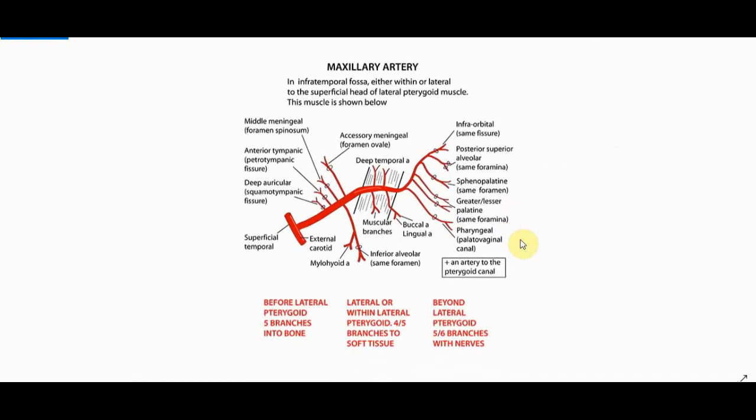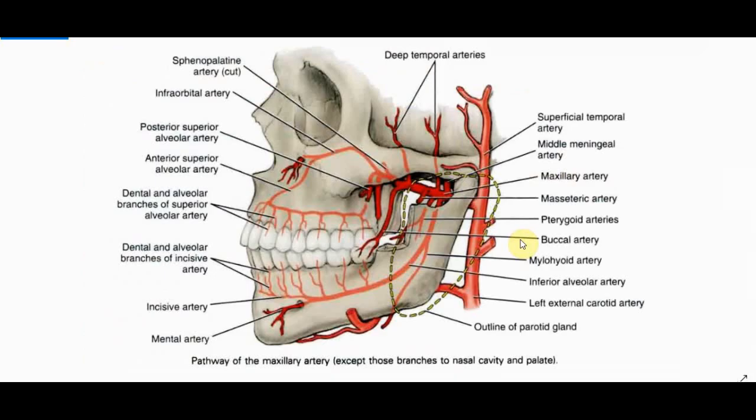So let me show you another diagram. Let's consider the branches over here. We have the posterior superior alveolar, and this one is labeled over here. This is the third part, and this one is the posterior superior alveolar. And we also have the infraorbital. This is the infraorbital, and we have the sphenopalatine.